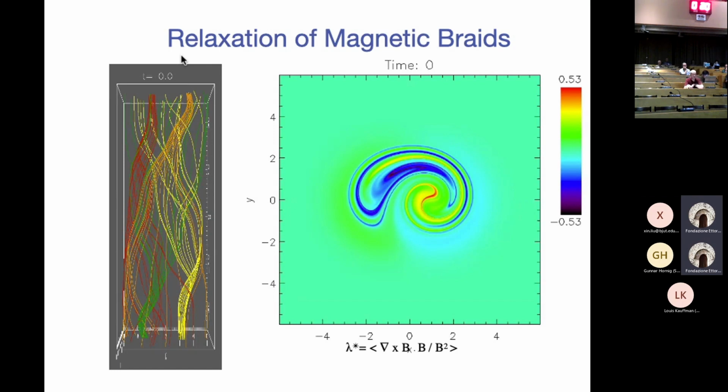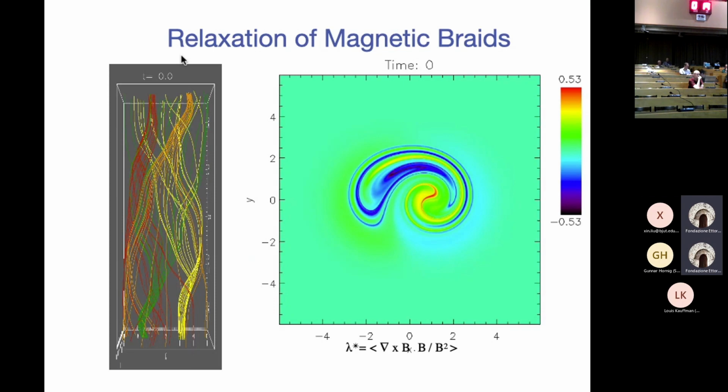Half of them start at the 2 locations in the lower boundary, here for the yellow ones and here for the green ones. And another 2 sets start at the upper boundary, these orange ones here and the red ones. And I follow these field lines along the magnetic field to the other side. Why I've chosen these 2 sets will become clear in a moment.